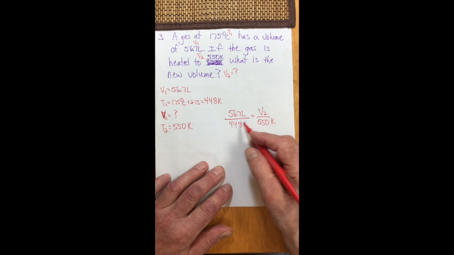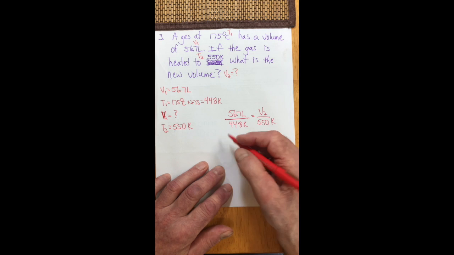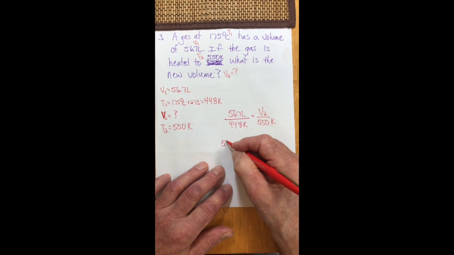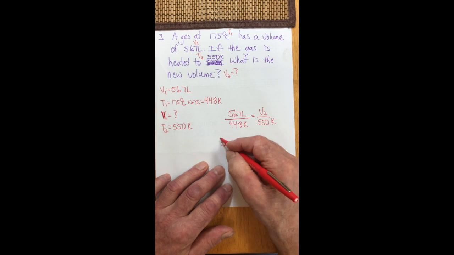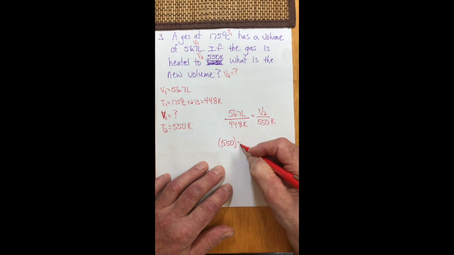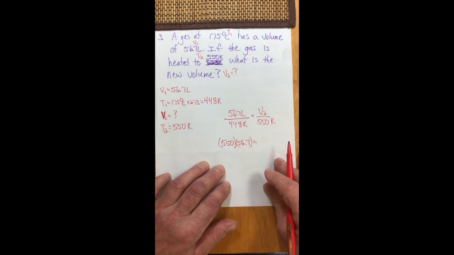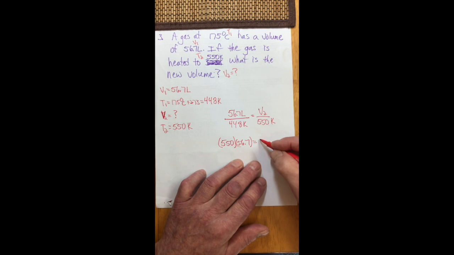So what I really have here is, I'm just going to write 550 times 56.7 is equal to 448 times V2.